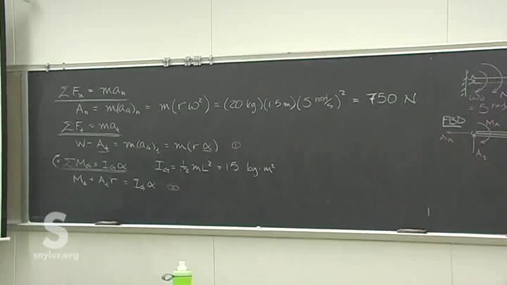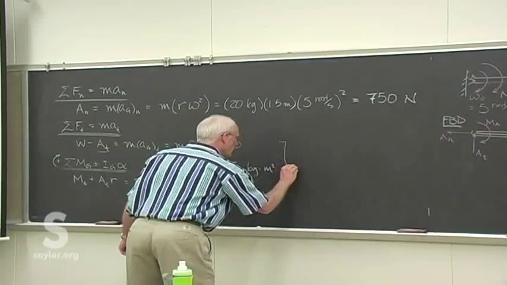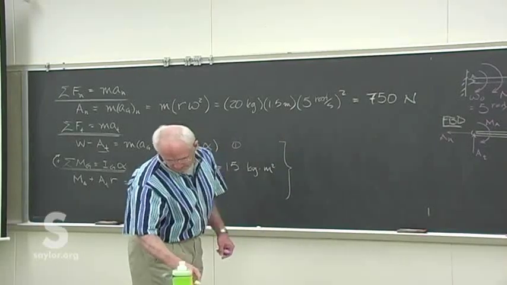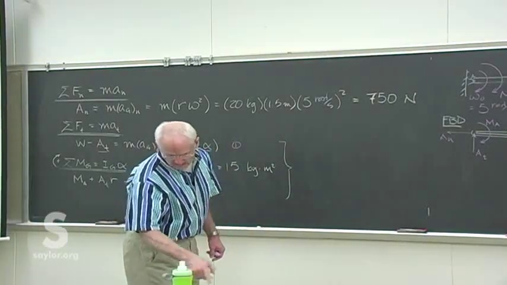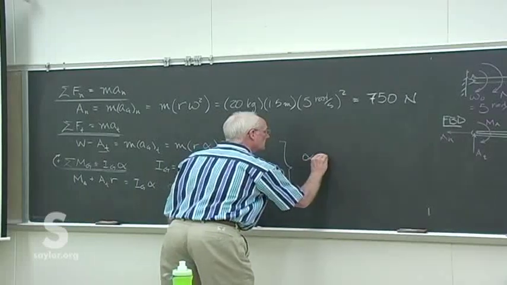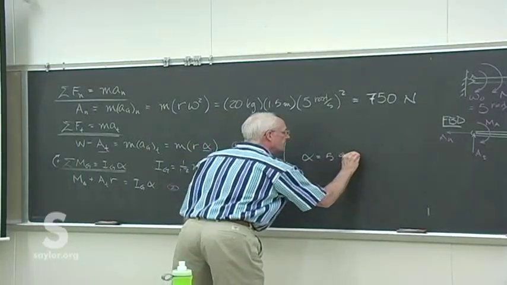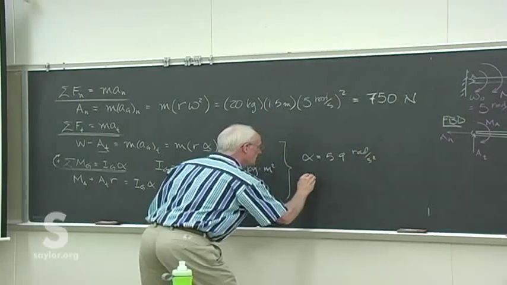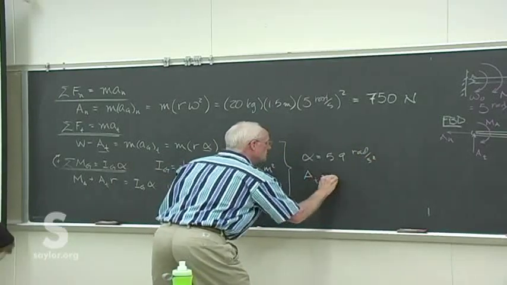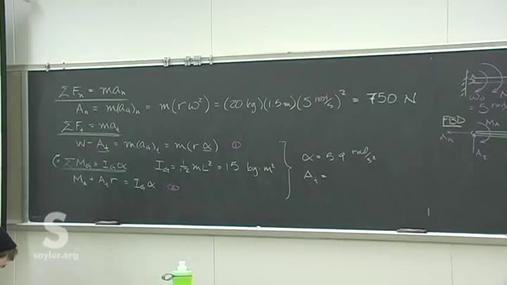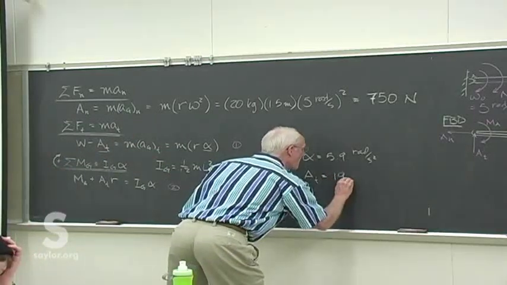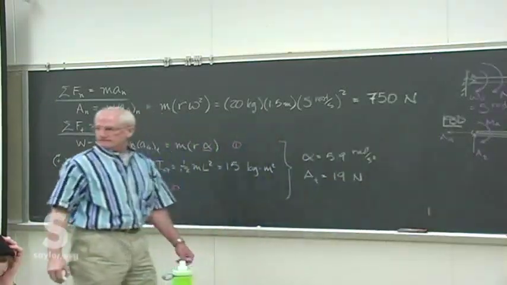All right, two equations, two unknowns, then we can solve it. It's just algebra left, so I won't belabor that. We get alpha of 5.9 radians per second squared, and we only need the tangential component of the reaction force because we already have the normal component, and this is 19 newtons.